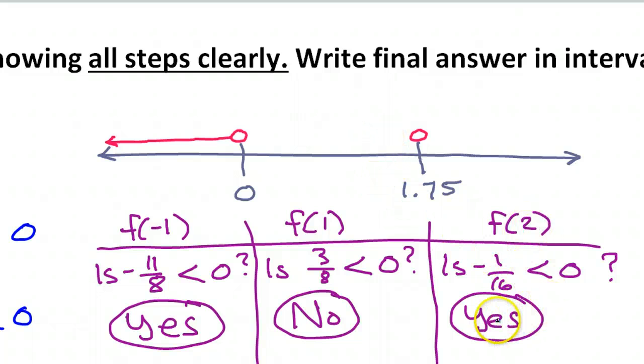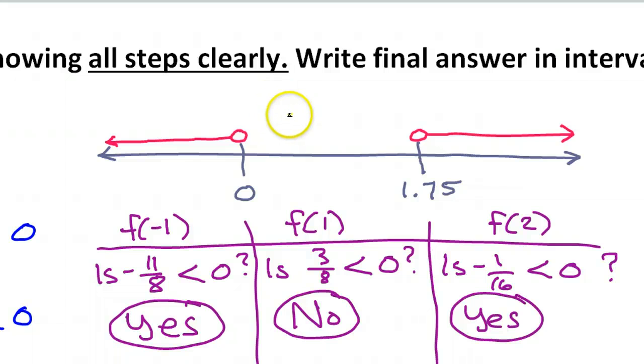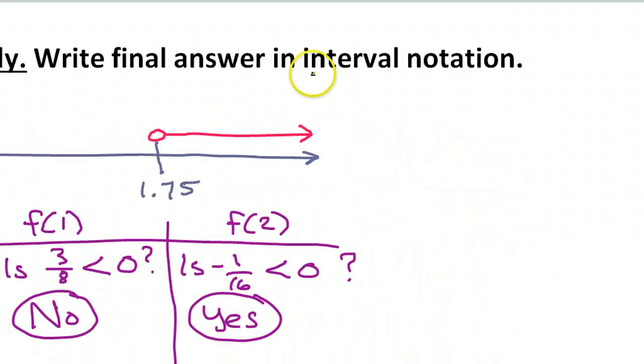Because 2 is a solution, then everything in this zone is a solution. Okay, so there is your number line graph. Isn't it beautiful?